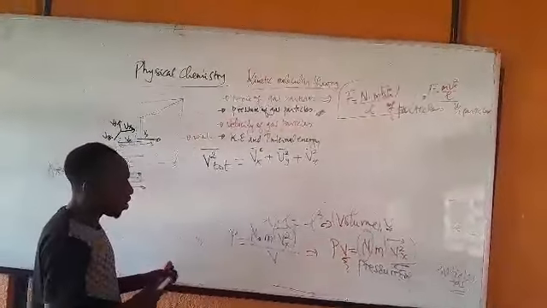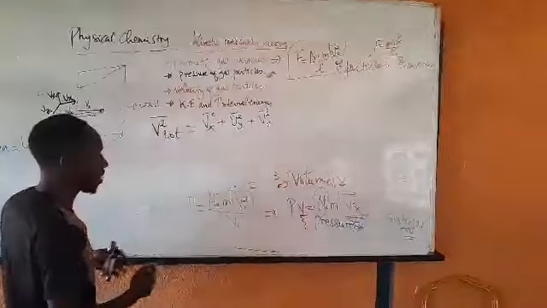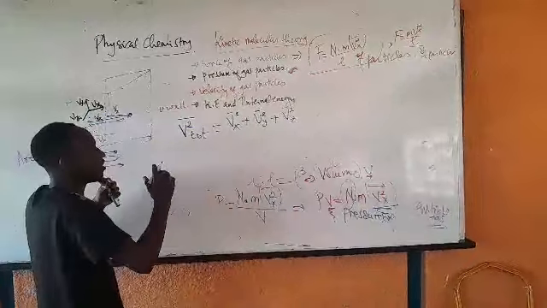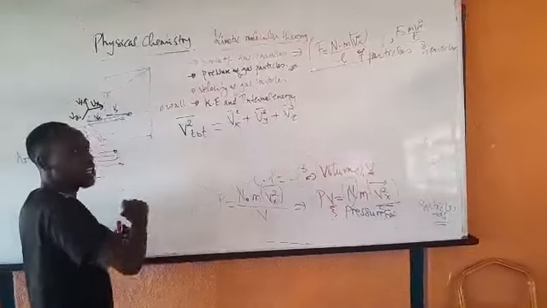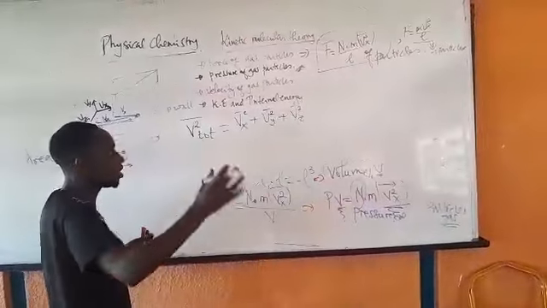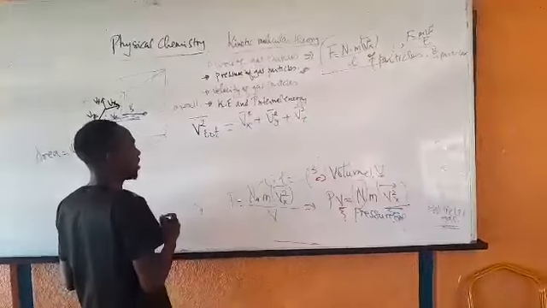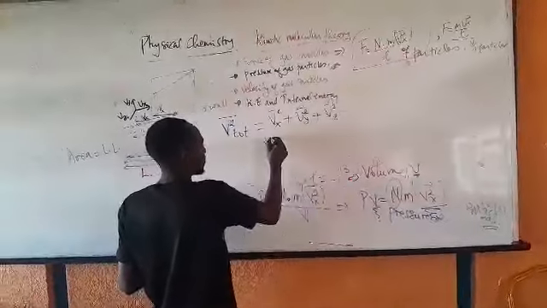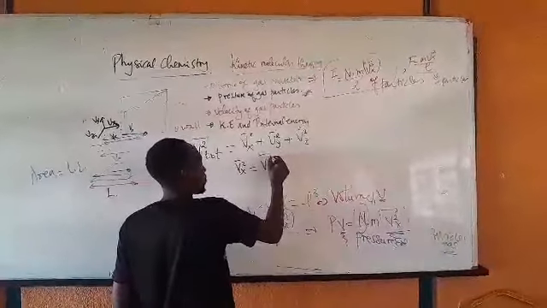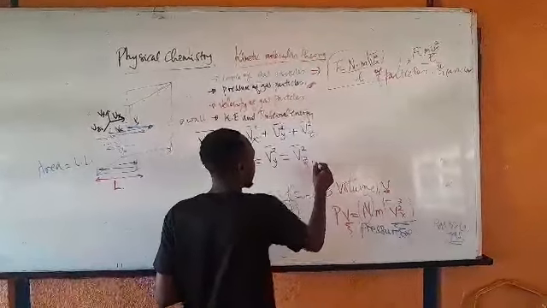So what I want is how to calculate this Vx. In an ideal gas, the moving particles have equal energy. There is elastic collision, no loss or gain of kinetic energy. So Vx squared is equal to Vy squared and Vz squared.